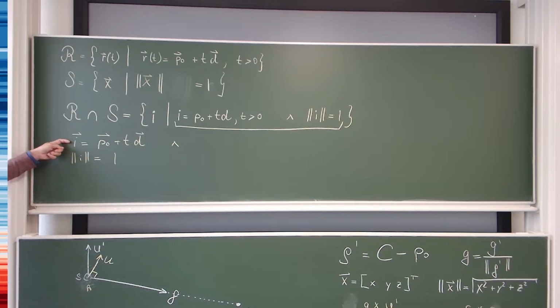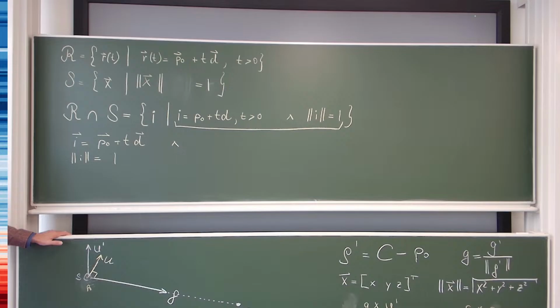This is one row for Ix, another row for Iy, another row for Iz, and then the fourth row, the absolute value of I, needs to be 1. Still 4 unknowns, 4 equations. Okay? So vector math does help a bit if you don't want to write that much.